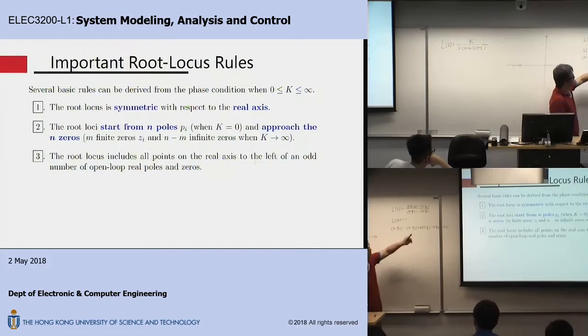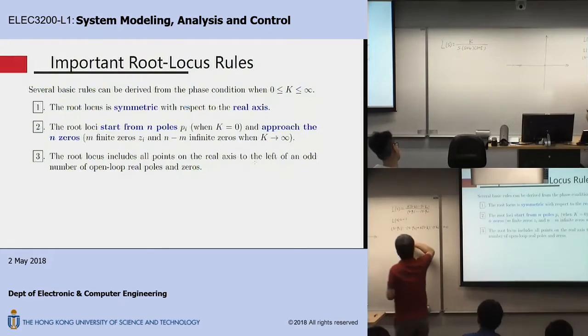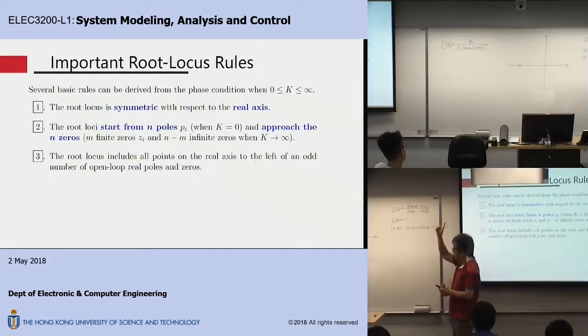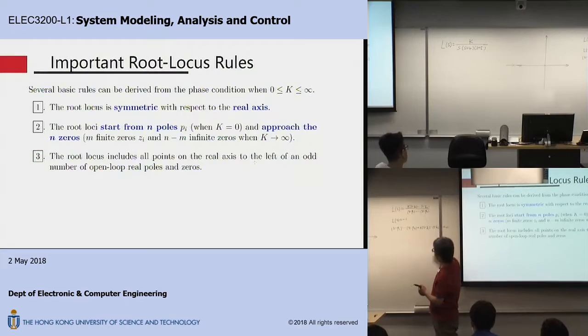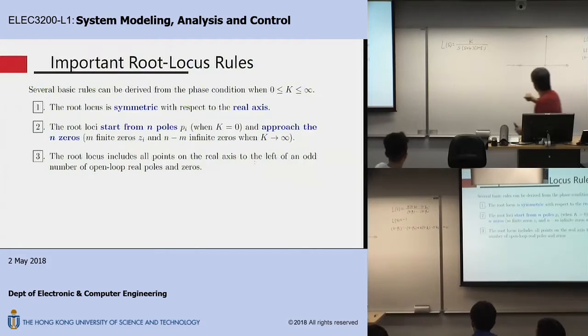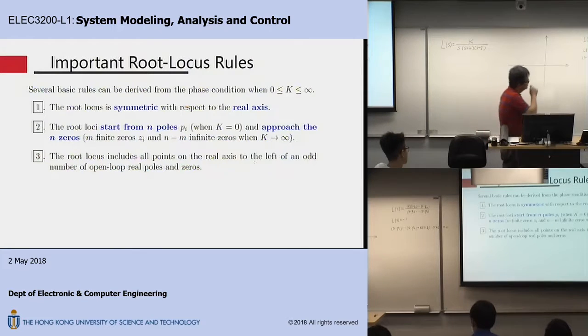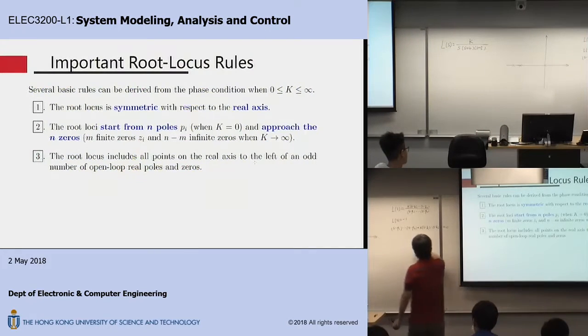So, yeah, S is in the root locus if and only if this is true. So when K is equal to 0, you see, what are the S so that this is true? Those are exactly the poles. Right? So you see that the root locus will include those poles when K is 0.